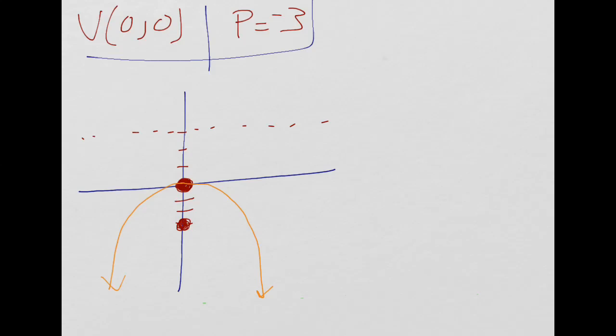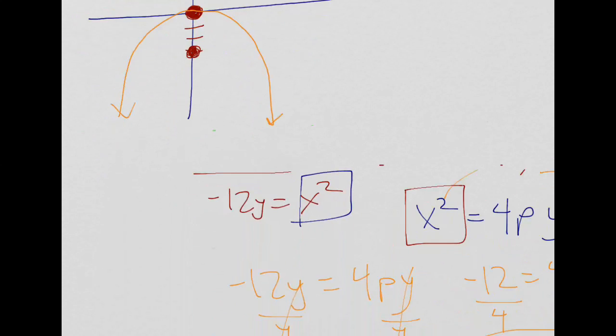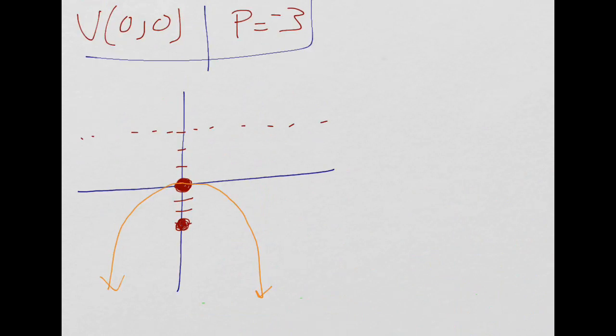Done, just like that. And we had our equation, which I think I erased, but no, there it is. Negative 12y equals x squared. And our focus, we want to identify that point. The x value is going to be exactly the same, so that's still 0, and the y value is negative 3. And now we are completely done.